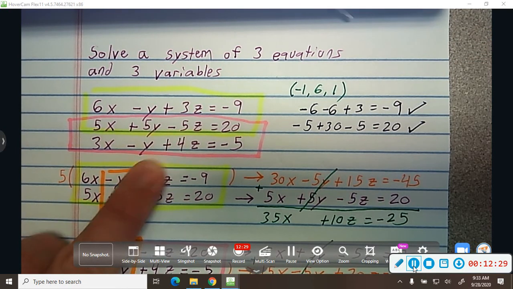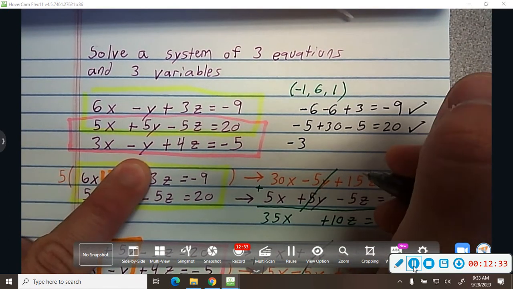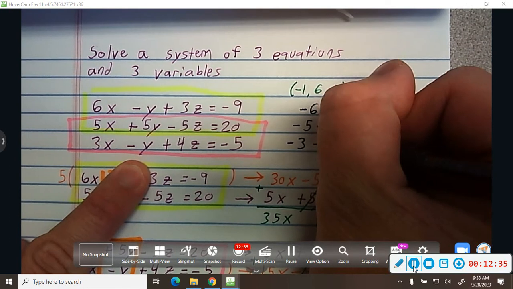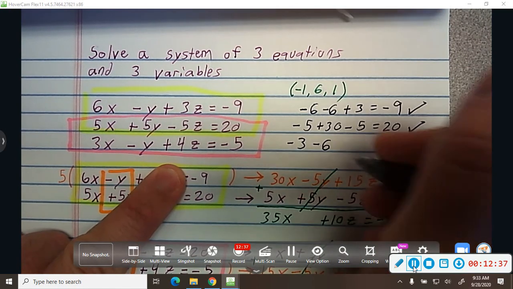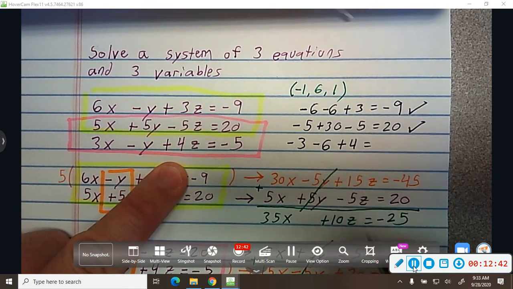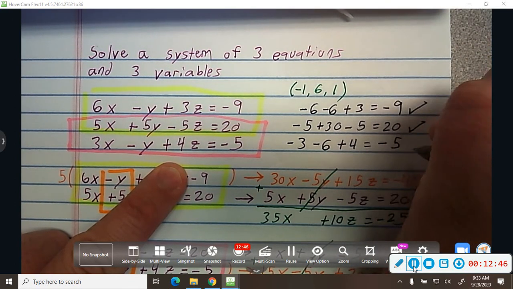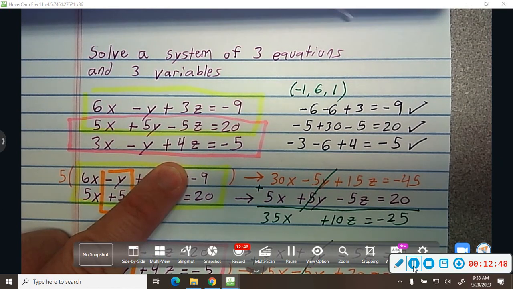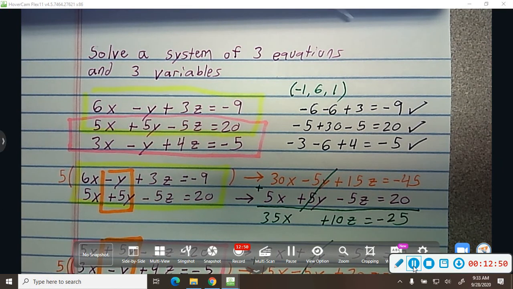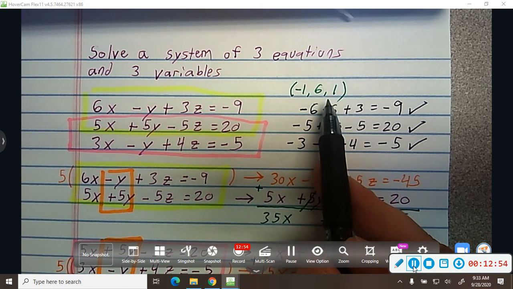Let's try the last one. 3 times negative 1 is negative 3. Minus y, which would be minus 6. Plus 4 times 1, because z is 1, to be plus 4. Do the math. Negative 9 plus 4 is negative 5. So I just verified that I know 100% that negative 1, 6, 1 is the solution.